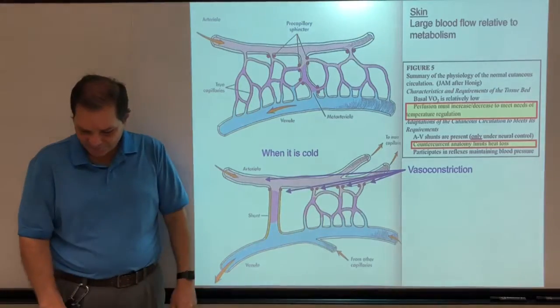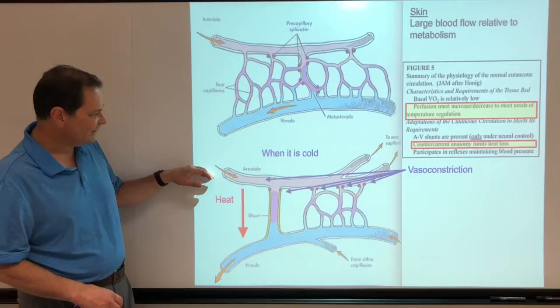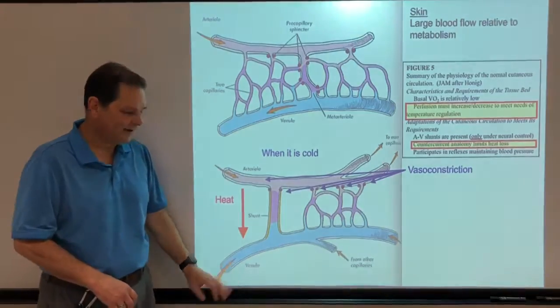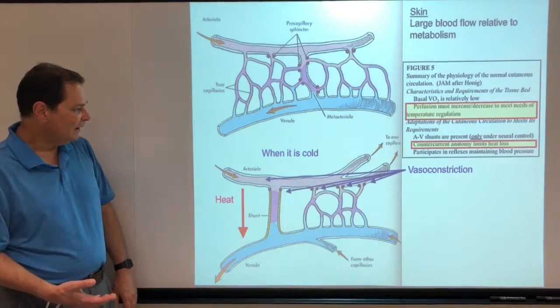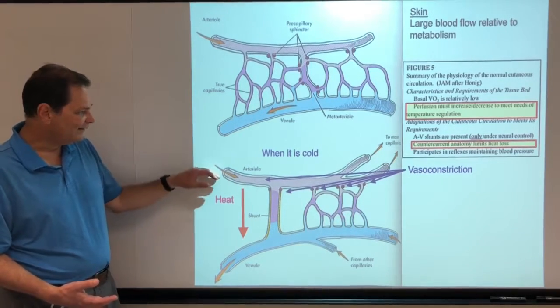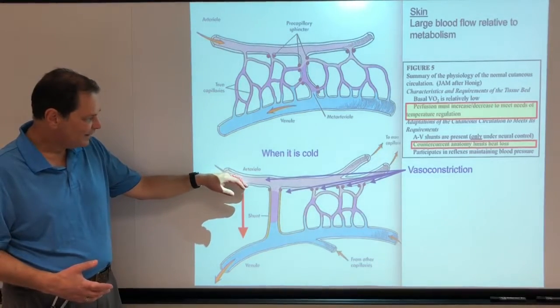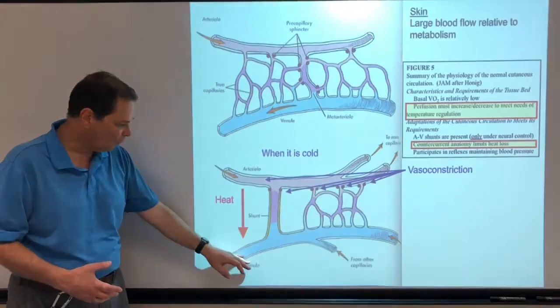Also note the effect of countercurrent exchange. What countercurrent exchange is, it usually means an exchange between the arterial side and the venous side of the circulations in the body. Okay? So in this case, we have warm blood going in. We have cold blood going out.